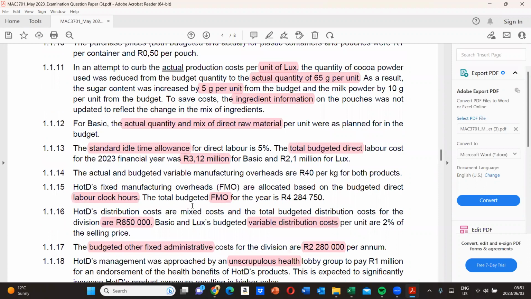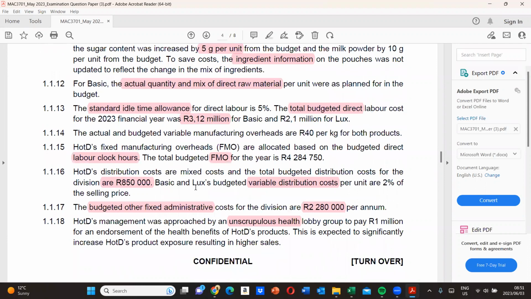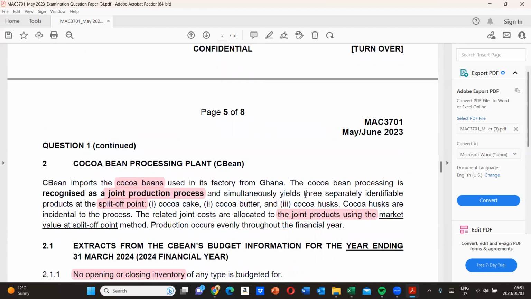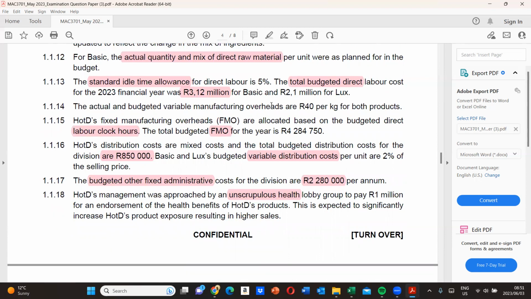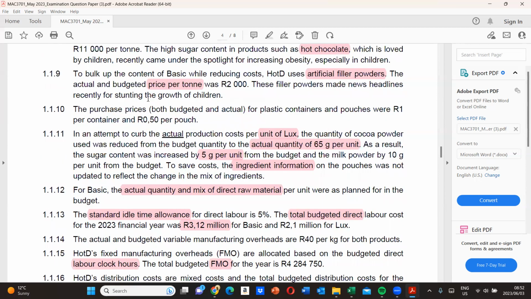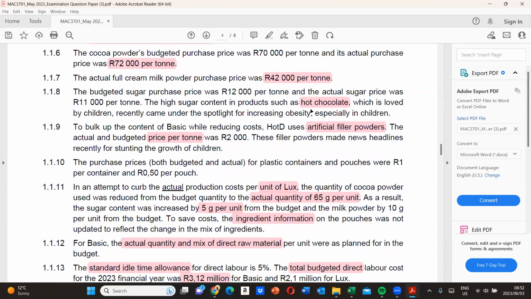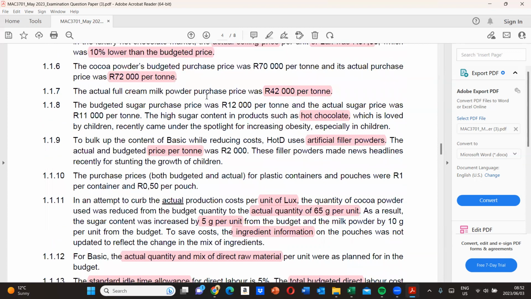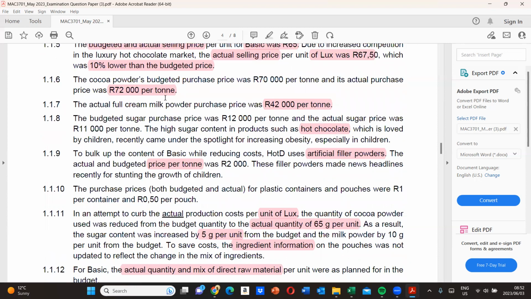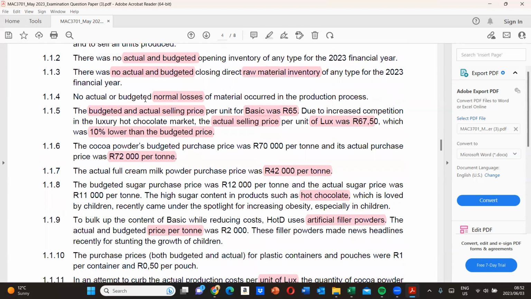We are looking for the information where they give us something relevant about the units produced, the budgeted units that are actually produced there. This is the budgeted purchase price.